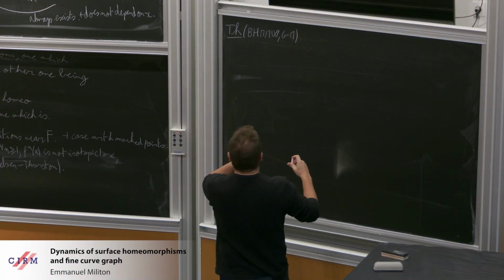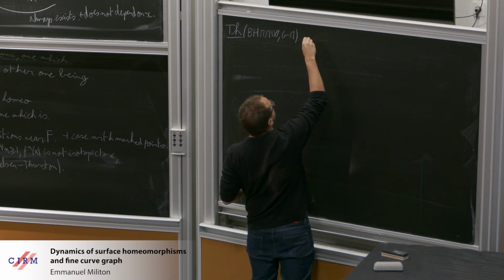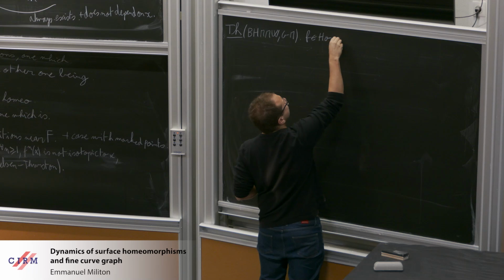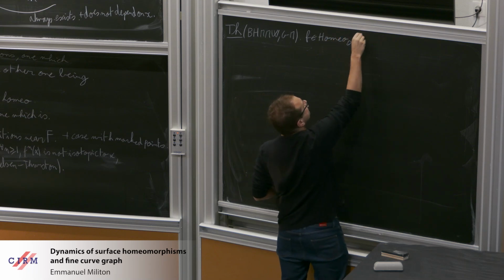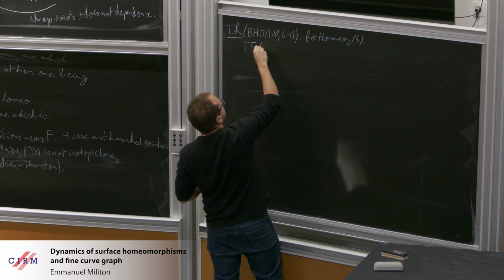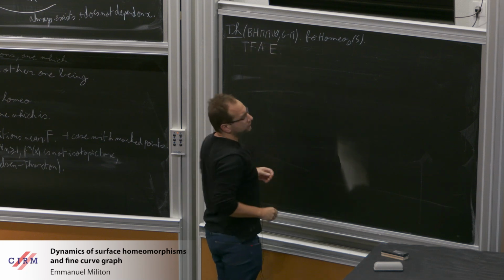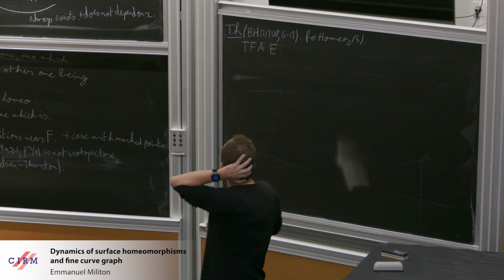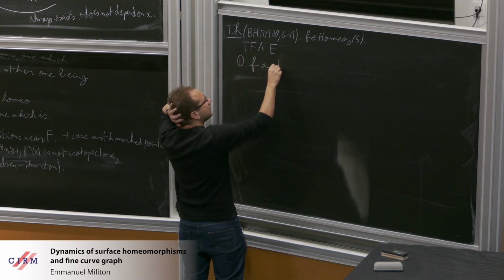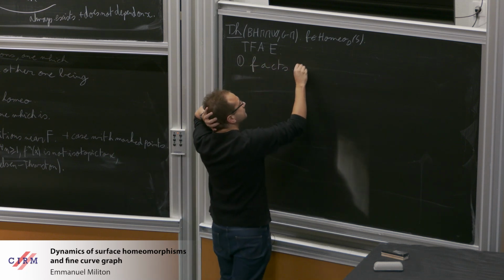So the following are equivalent. So take the homeomorphism isotopic to the identity. TFAE means the following are equivalent. First, F acts hyperbolically on the fine curve graph.